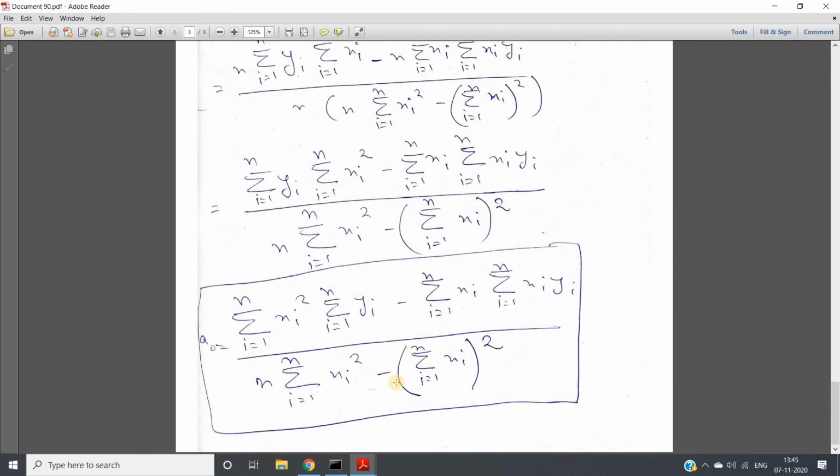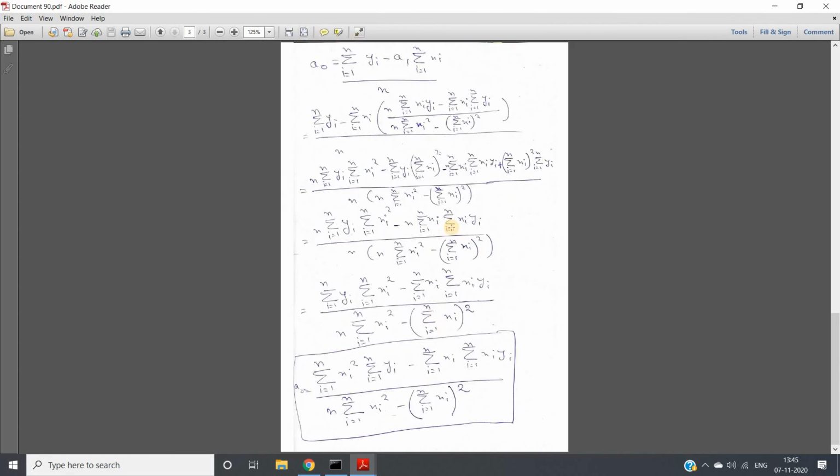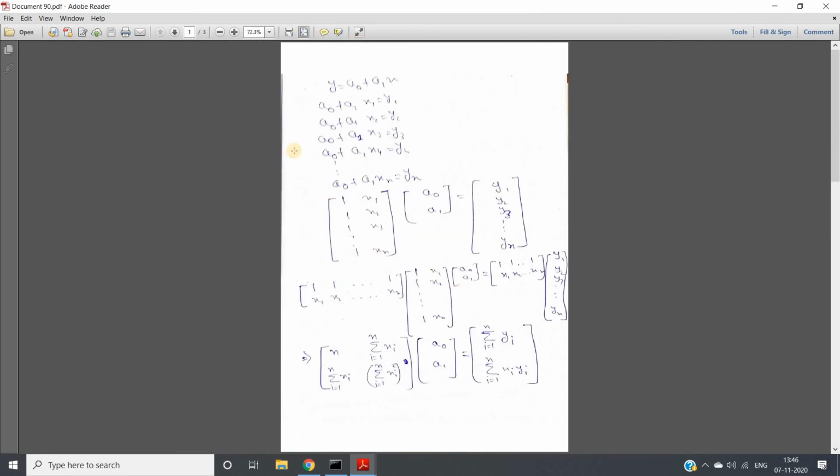Okay, so the conclusion is, first you have the data points, you represent them in matrix notation, then you take the inverse of this particular matrix with some little modification, because this is a rectangular matrix and a direct inverse is not possible. So we first multiply the transpose on both sides and then take the inverse and calculate the a0 and a1 coefficients.